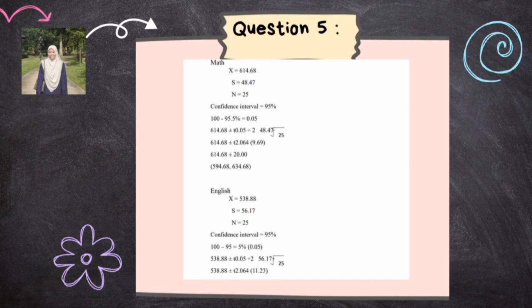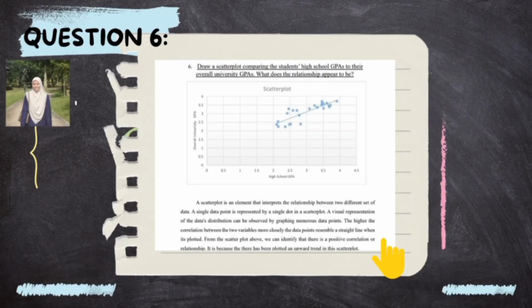The larger interval, the more uncertain we are about the exact location of the true mean. Therefore, the math score have a narrower confidence interval, suggesting greater precision in estimating the mean compared to the English score. Next, I will continue to explain about question 6.